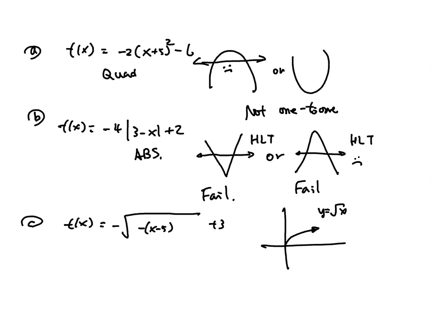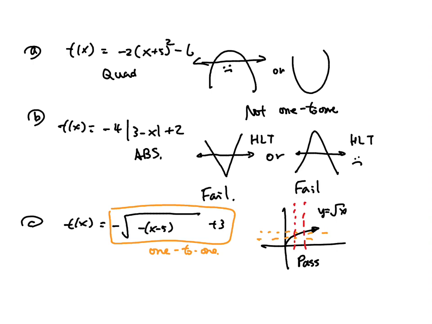A square root function is a one-to-one function because if you try to draw a vertical line or a horizontal line, you only cross the graph one time. So this right here is a one-to-one function. You can definitely try to graph it in your graphing calculator to see what it looks like. I think you'll find out that it does pass the vertical line test and horizontal line test.